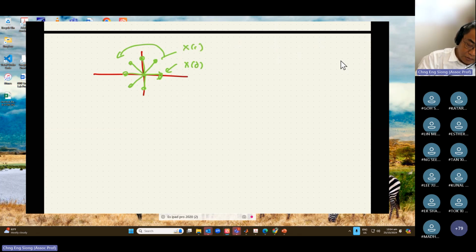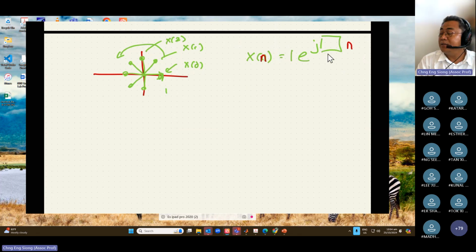And so on, x2. So x[n], what is the equation I should write? This is amplitude 1. 1 e^j. What do you think I'll write here, guys? That little box.